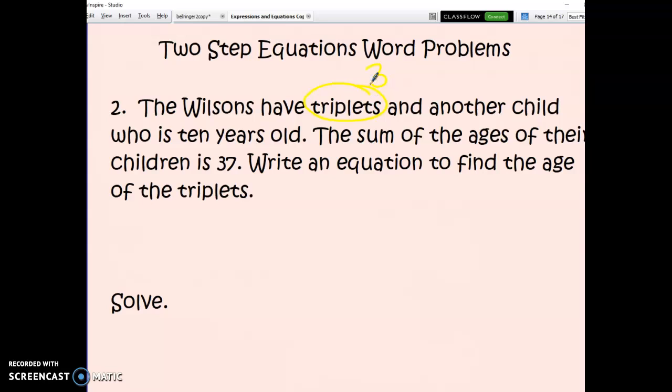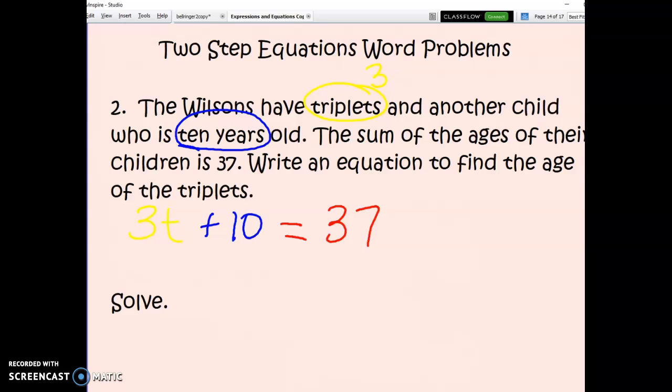We don't know their age, so I'll use a T to represent the triplets. So 3t, and we have one other child, which is 10. So plus 10. And we know that the sum of their ages is 37. So 3t plus 10 equals 37.